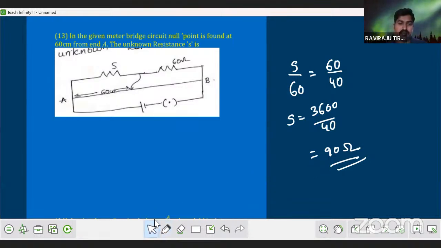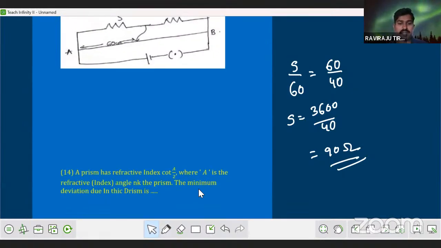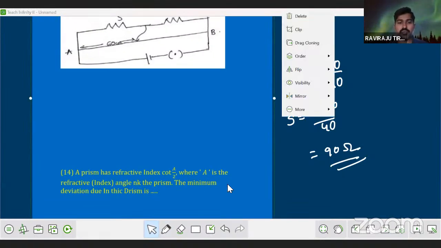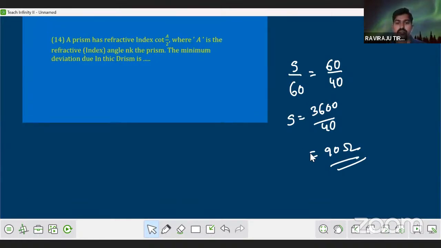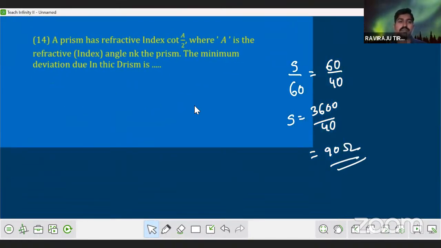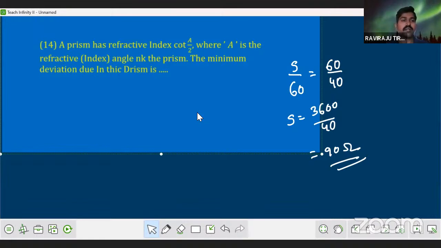Okay. And next question. Question number 40. A prism has refractive index cot A by 2, where A is the angle of the prism.